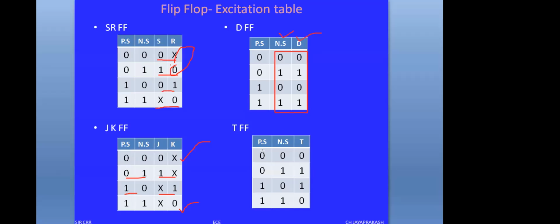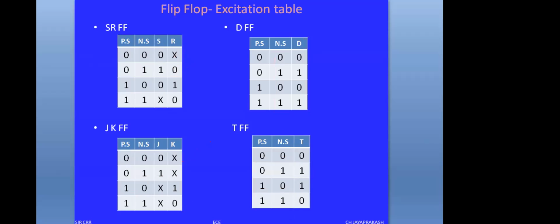Whereas for the T flip-flop, T is the exclusive OR of present state and next state. That is, 0 XOR 0 is 0, 0 with 1 is 1, 1 with 0 is 1, 1 with 1 is 0. These are the excitation tables of flip-flops.